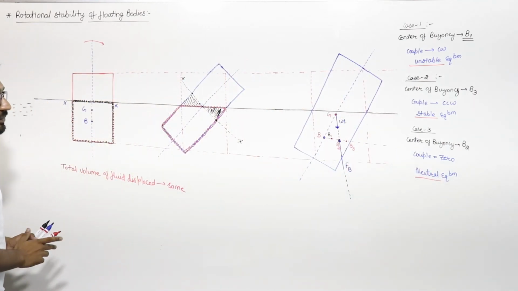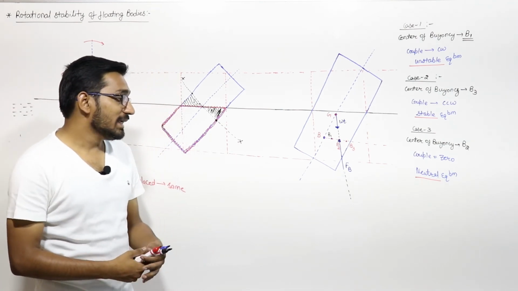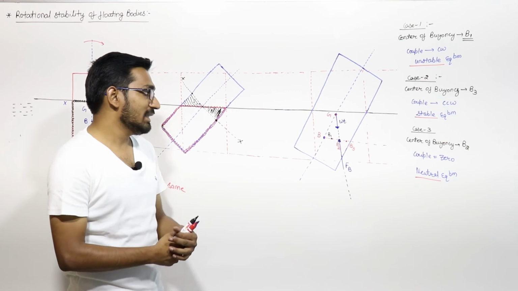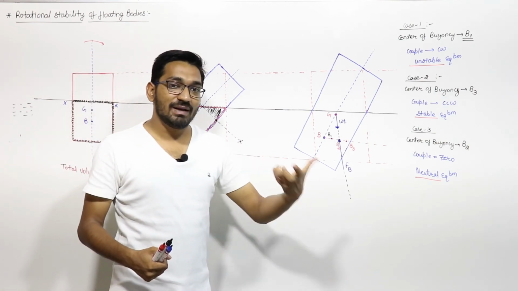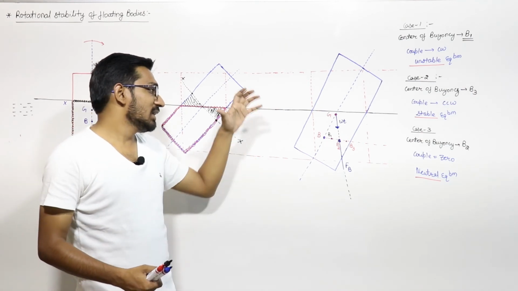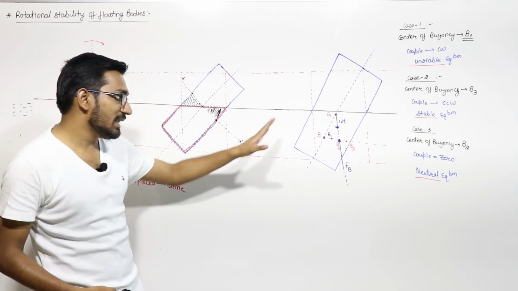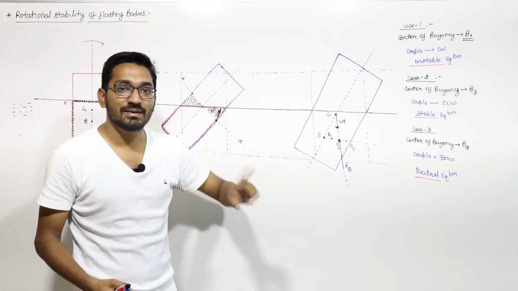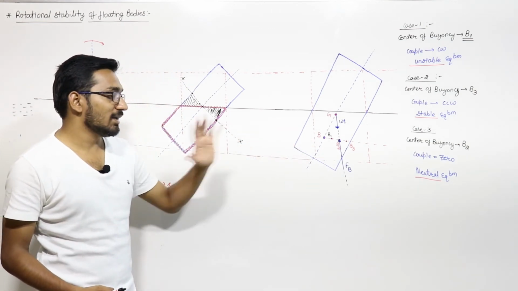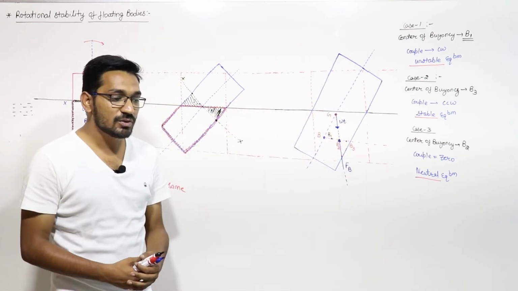So we cannot define which type of equilibrium the body has just by seeing the position of the center of gravity and the center of buoyancy. It may be unstable, stable, or neutral.